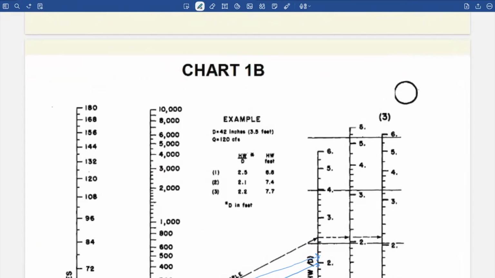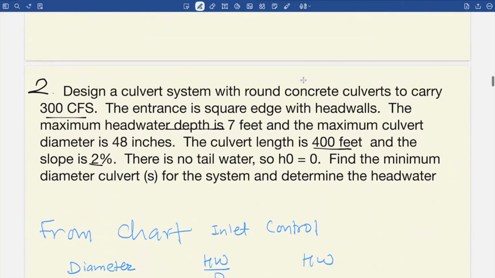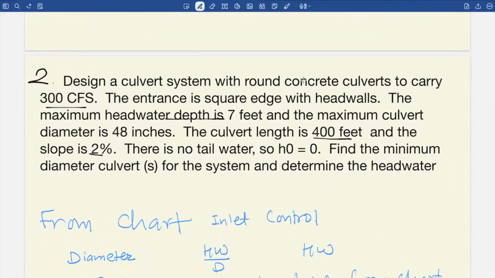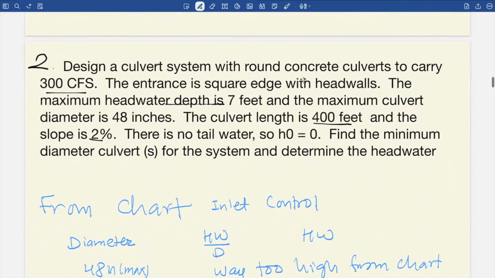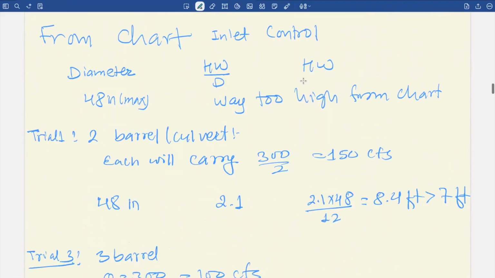And outlet control is when the downstream condition, that is tailwater depth or pipe friction, limits flow. In our problem, we are told there is no tailwater, so our controlling condition is at the inlet. So that's why we will be using chart one, the inlet control nomograph.